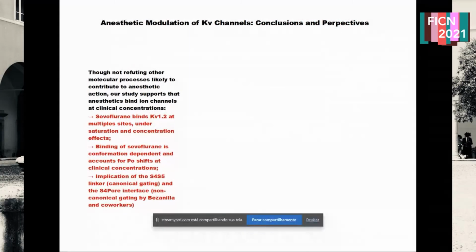Okay, so at this point, we are attempting to say that we cannot refute the participation of other molecular processes here. We cannot estimate their role. But from our structural calculations, it appears that a direct binding event may take place. For this specific model, Kv1 and sevoflurane, we found that sevoflurane binds Kv1 at multiple sites under saturation concentration effects.